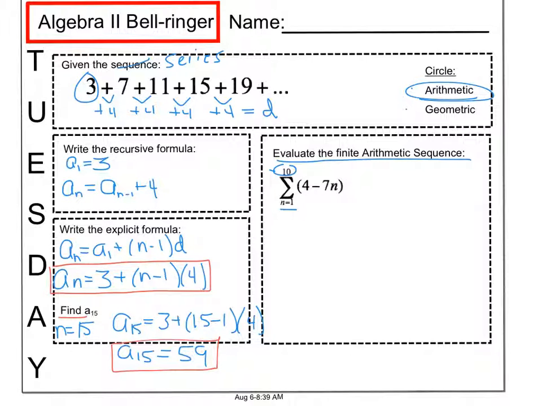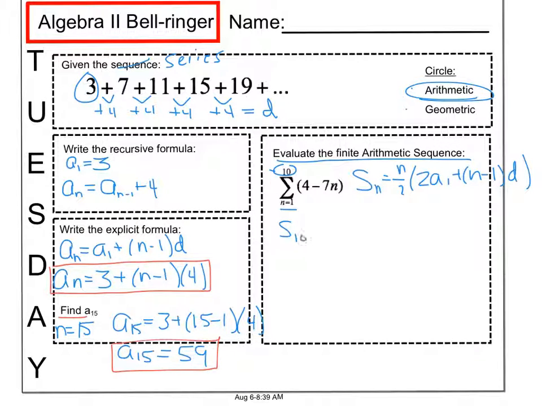So since we're looking for a sum, I want to think about what that general formula is. So S for summation is n divided by 2, and this is one of a couple different formulas, times 2a_1 plus n minus 1 times the common difference. So we can plug in the numbers that we have.